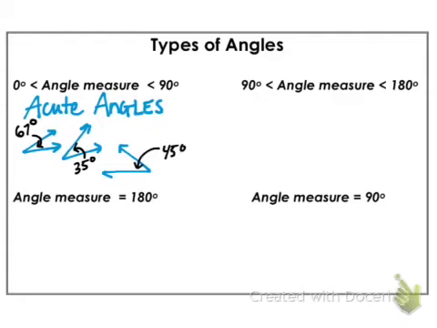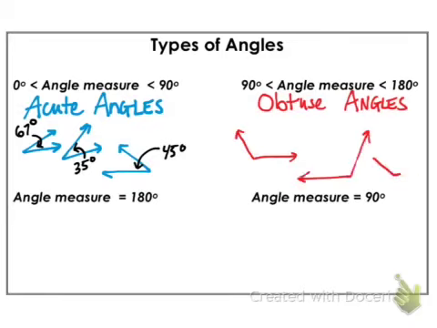Another type of angle in geometry is between 90 degrees and 180. So it's greater than 90 and less than 180. Those are called obtuse angles. Those are a little bigger and wider. They open up a little wider than acute. So they look like this essentially. And these measurements could be 200. That's false.